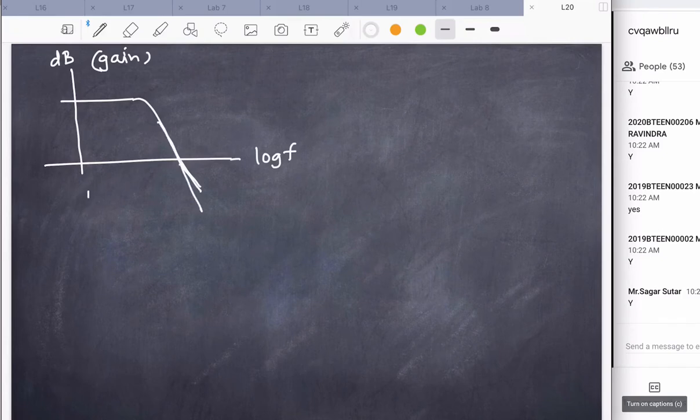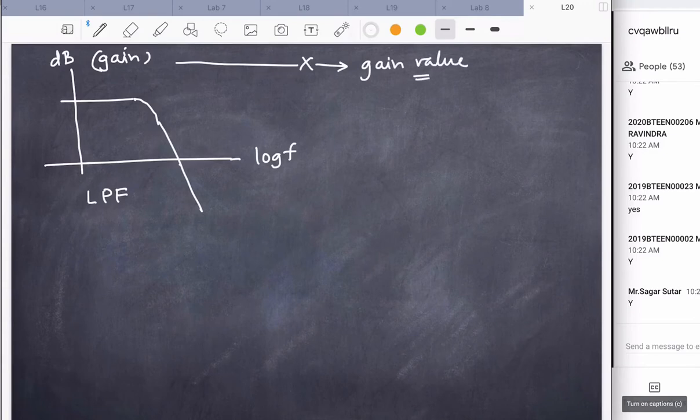Okay, this is for low pass filter. Okay. When we draw the frequency response not in the form of dB, but in the form of simple gain value, then the graph will be like this.